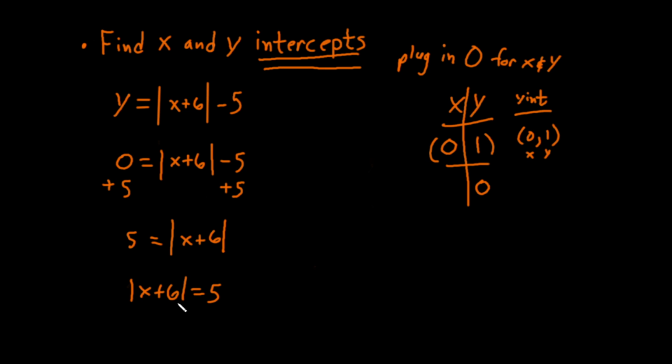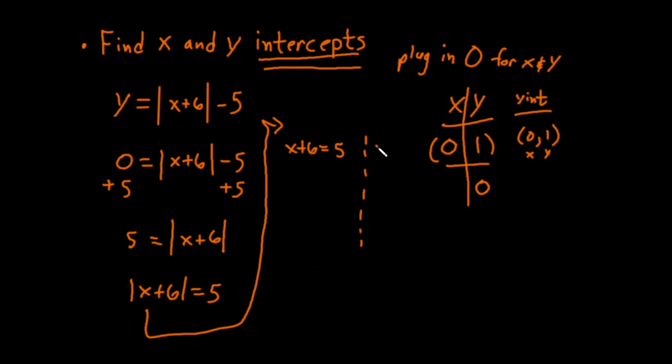And what I mean is, remember what I said about absolute values having a positive version and a negative version? So here's what we're going to do. Let's take this out of the absolute value. We have x plus 6 is equal to positive 5. And then we're also going to put the negative version, x plus 6 is equal to negative 5.